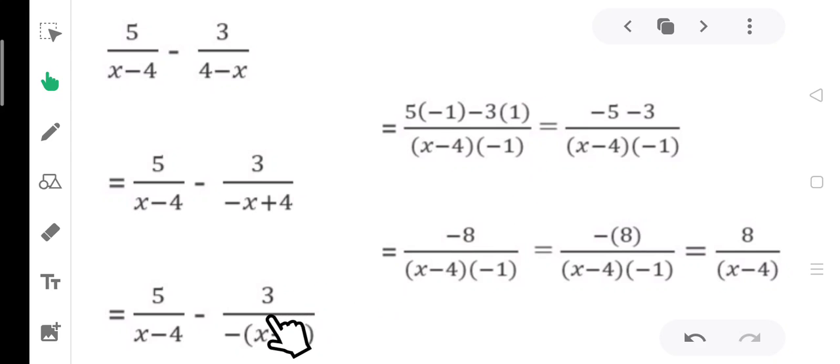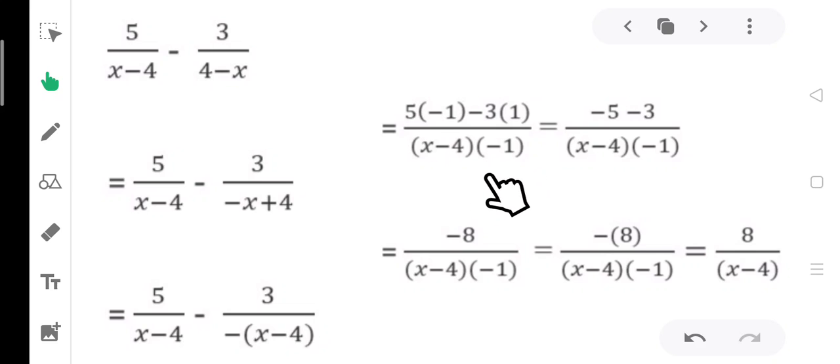And since x minus 4 here is common to x minus 4, which is the denominator of the other rational expression, we are not going to write this again because it is common. So our LCD would be x minus 4, the quantity of x minus 4 times negative 1.